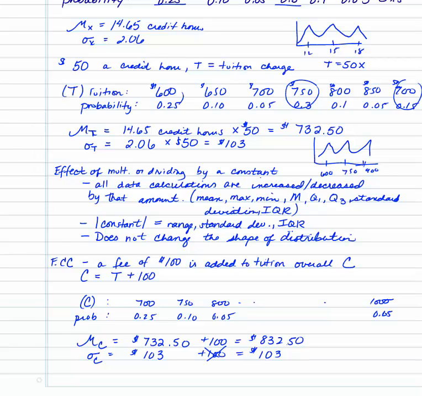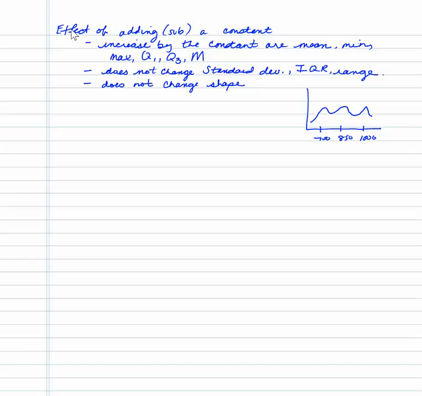And if we look back on the effect of adding or subtracting a constant, I'll write that on the next page. The things that would increase by that constant are the mean, the minimum, the maximum, quartile 1, quartile 3, and the median. What does not change is the standard deviation, and that's what we were just talking about. 103 would remain the same.